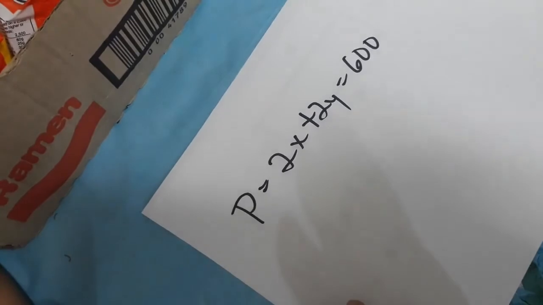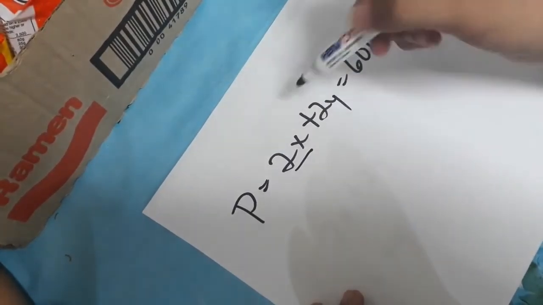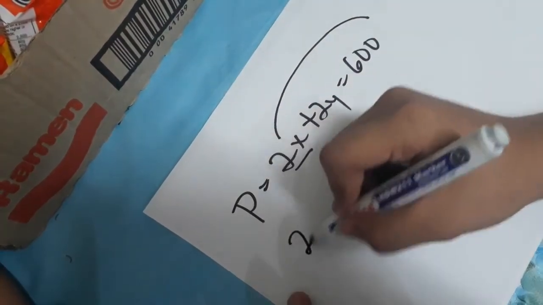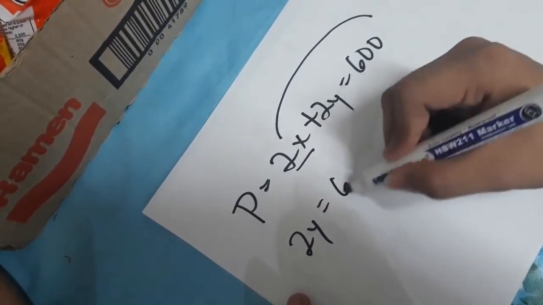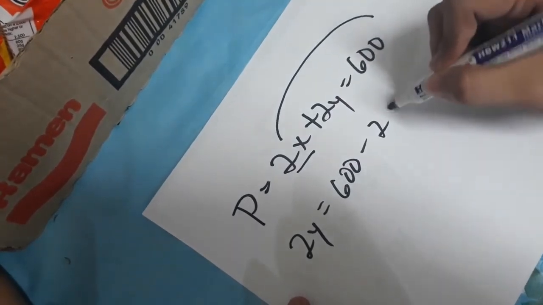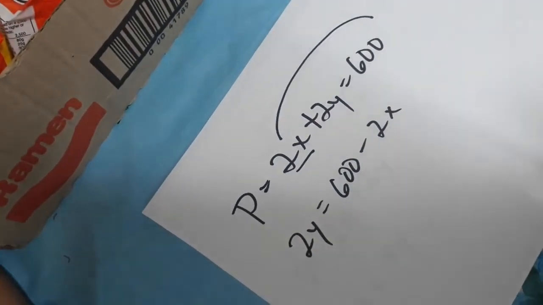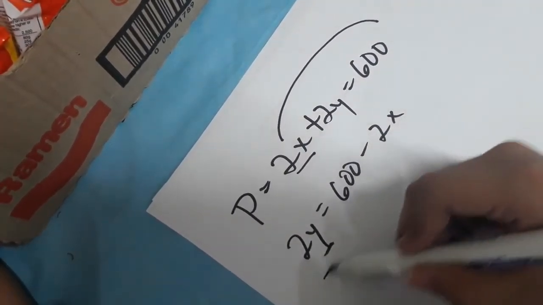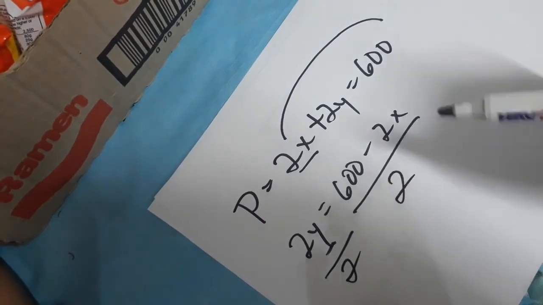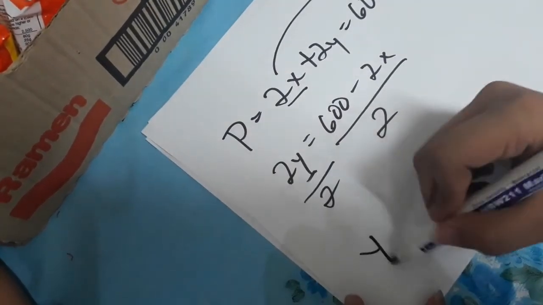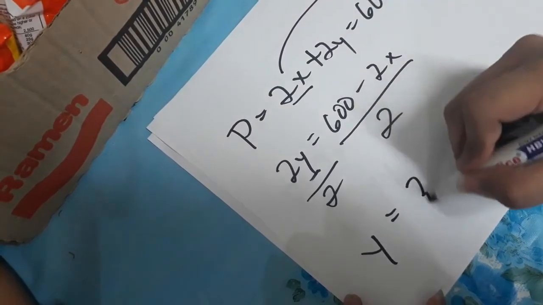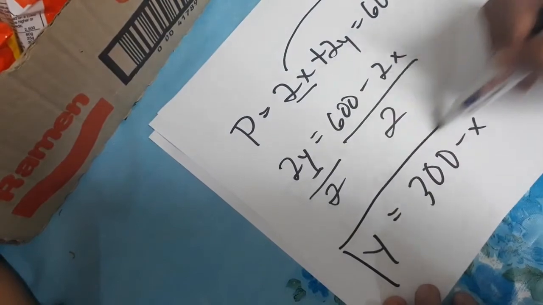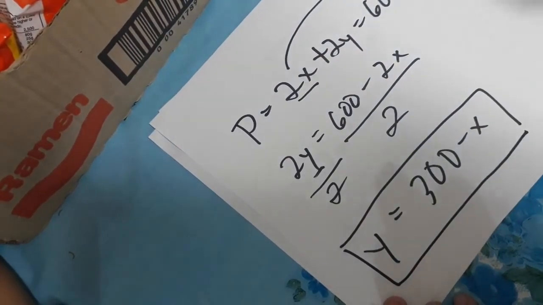So first thing we will do is put the 2x outside the equal. So we'll have 2y is equal to 600 minus 2x. So after that, to get the value of y, we will divide both sides by 2. So the answer for y will be y is equal to 300 minus x.